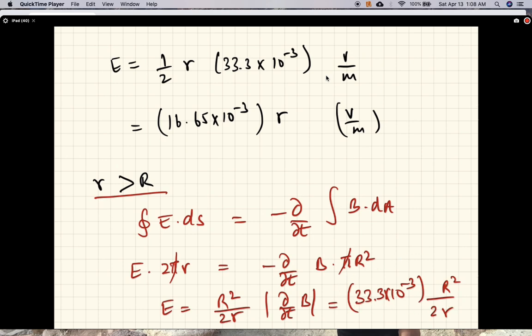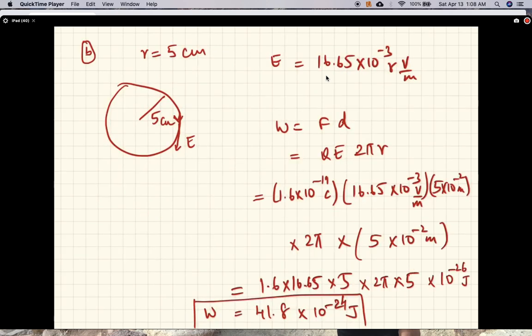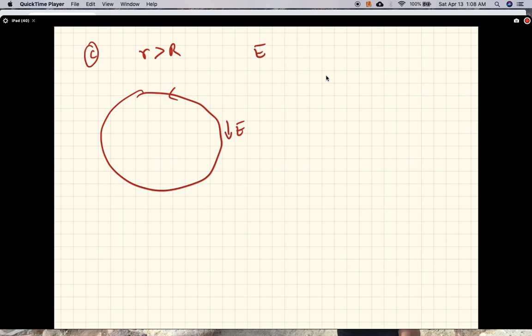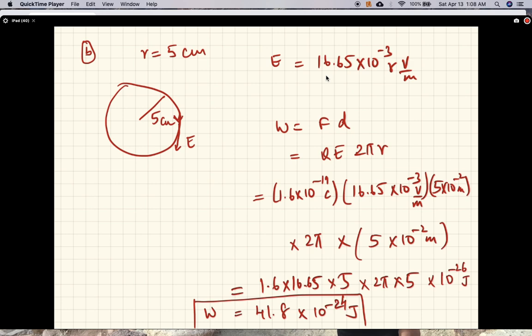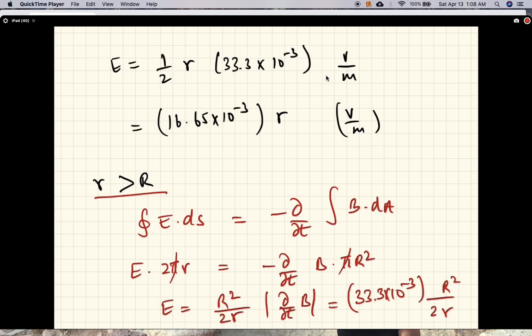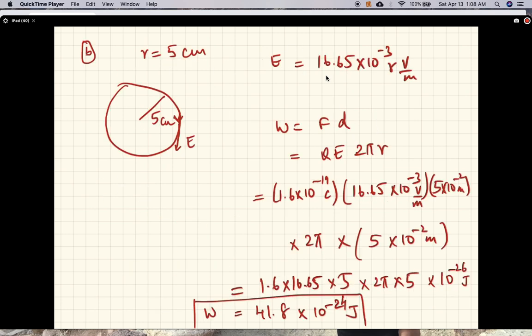Here is the expression: 16.65 R squared by r.